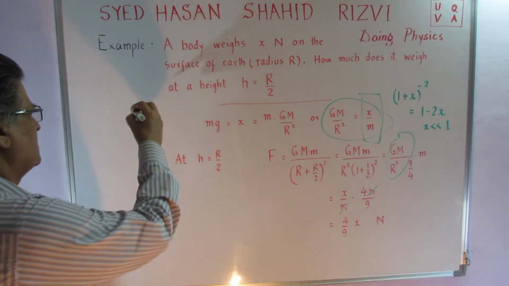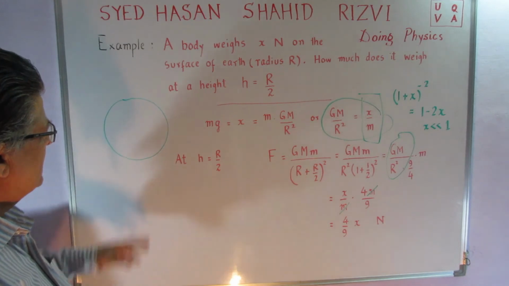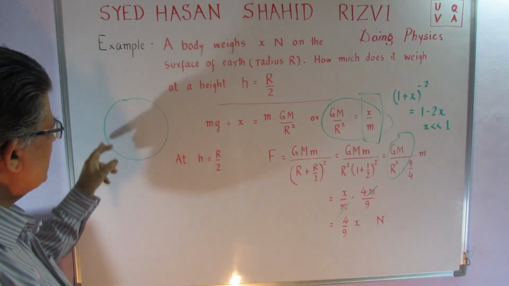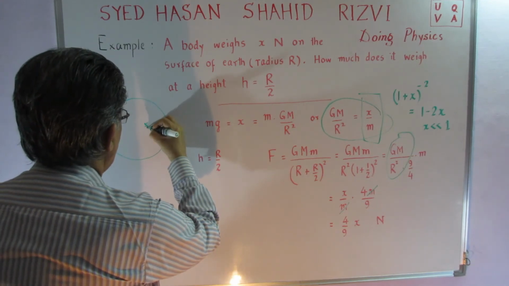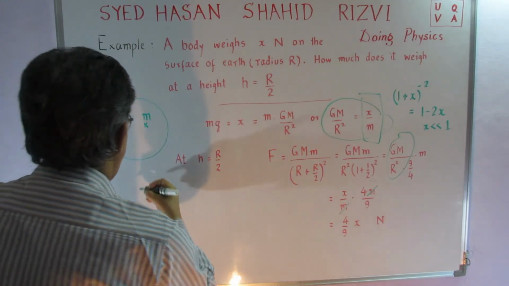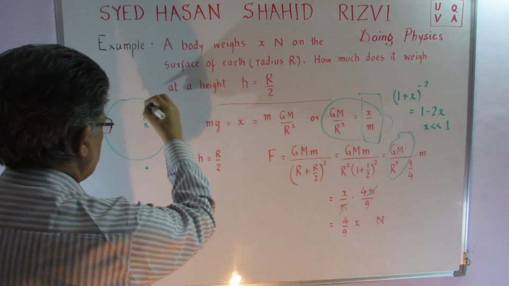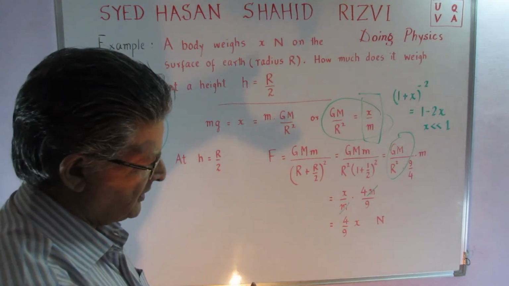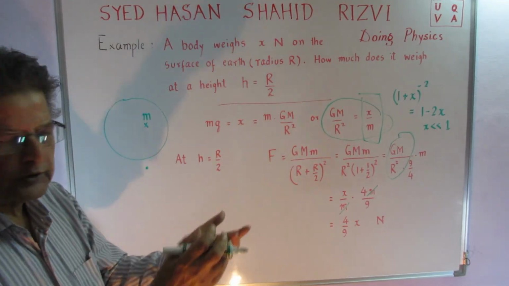I'm just giving you a thought: what happens if there is a shell where the mass is all along distributed in this shell, and we want to find out what will be the value of the force on a mass small m situated inside, as also another mass situated outside this thin shell, because a solid sphere we can say is made up of many concentric shells together.